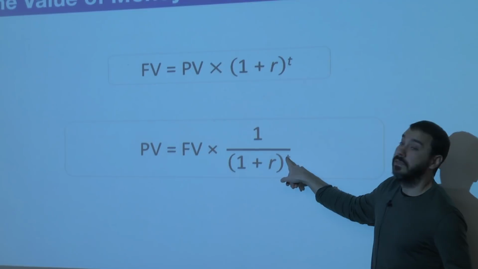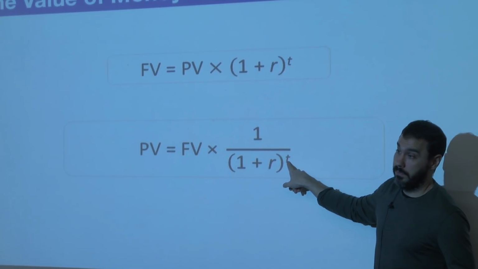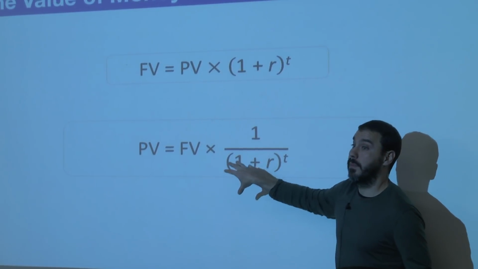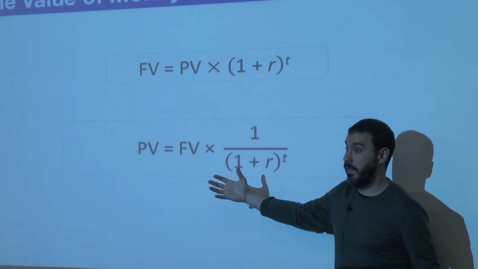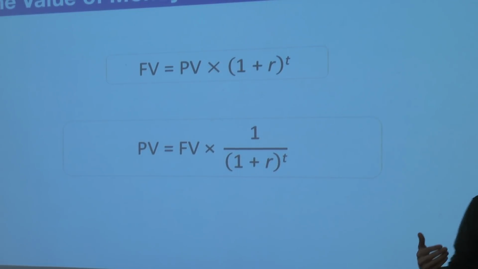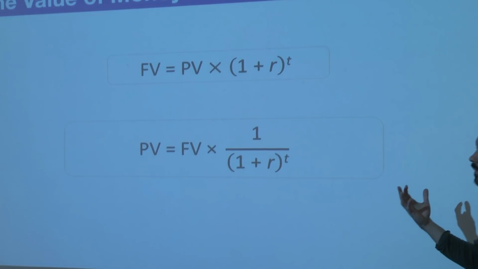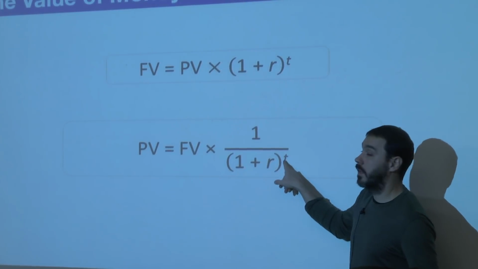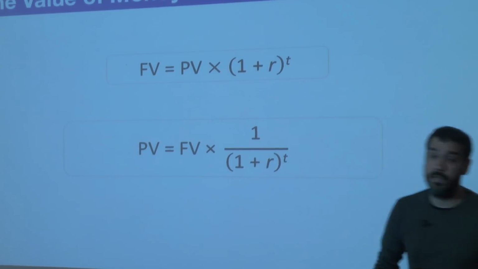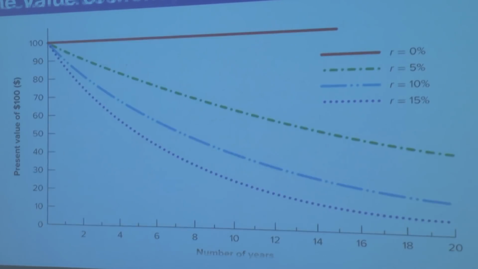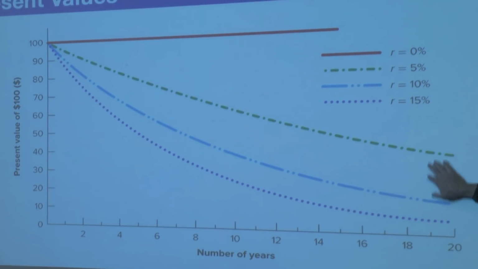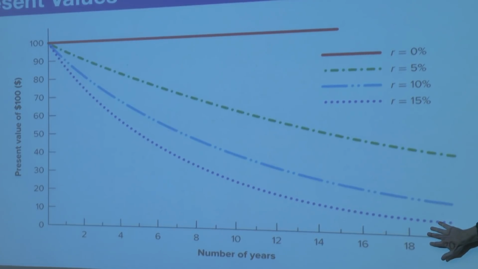And it gets raised to the t power. So of course, as t becomes larger, the effect becomes even larger. Okay? So a higher interest rate means the present value will drop more. And since I'm raising it to the t power, as t increases, which means as we move the cash flow more and more into the future, this effect will be magnified.